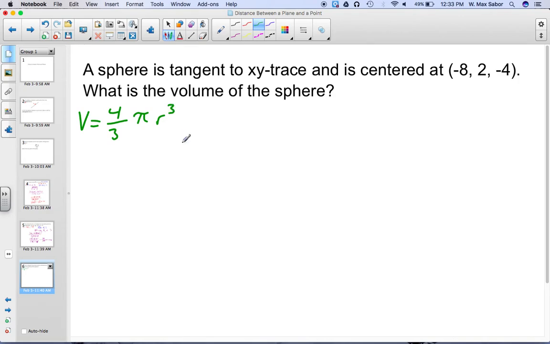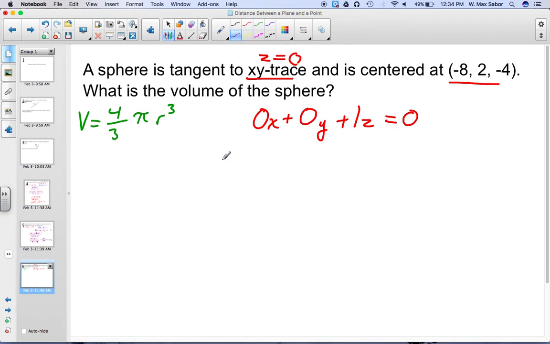Well, the radius, when it's tangent to the xy trace, means the distance between this point and the xy trace. The xy trace is z equals 0. So that's where finding the distance between the plane z equals 0 and this point comes up. So this plane is z equals 0. That's the same thing as 0x plus 0y plus 1z equals 0.